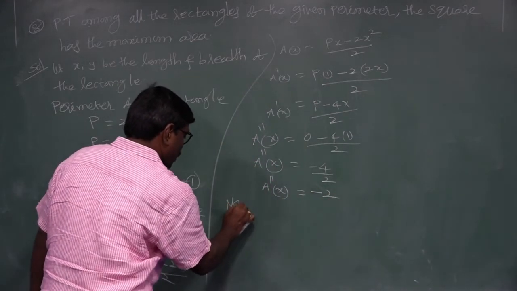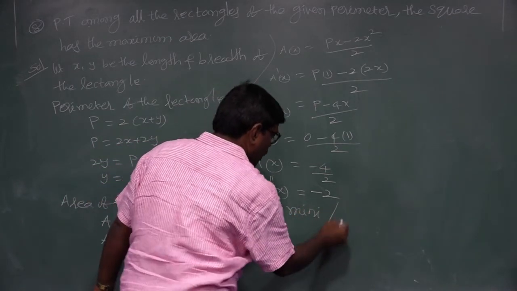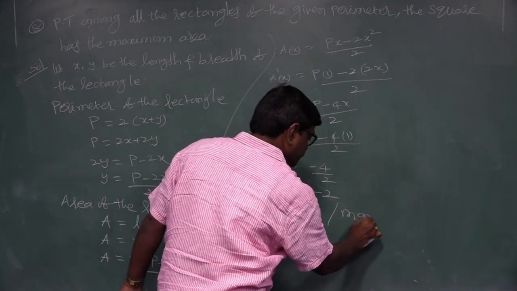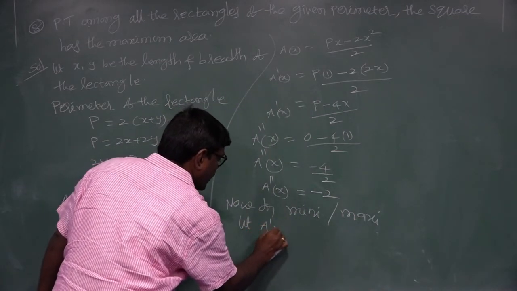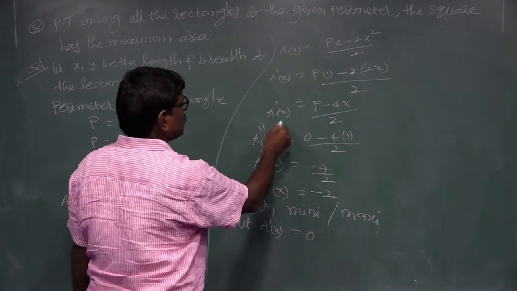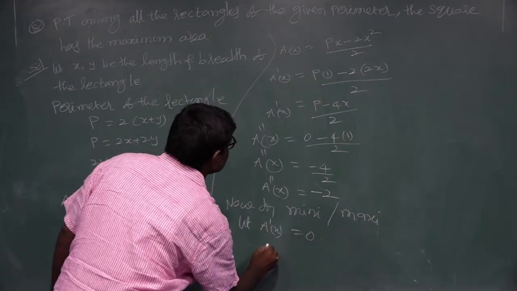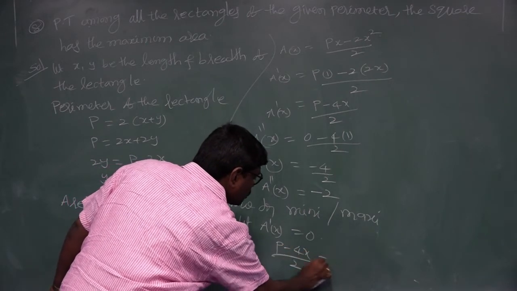Now, for minimum or maximum, let A dash x equal to 0.